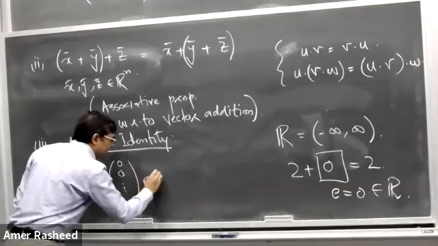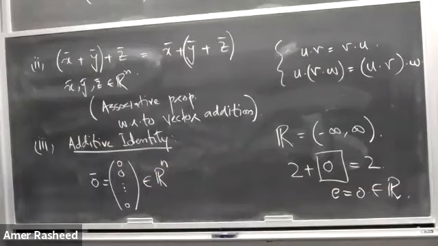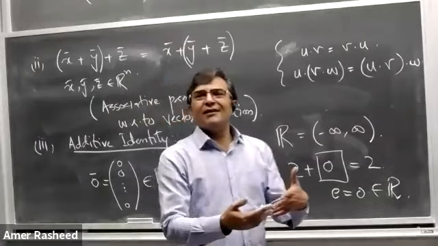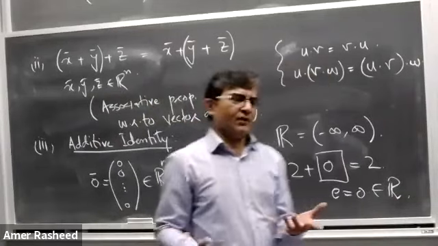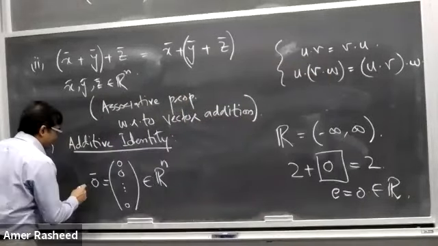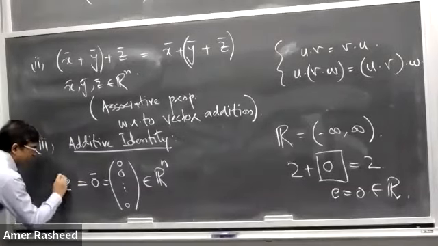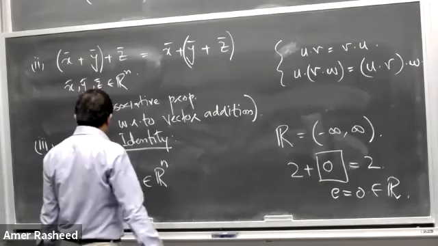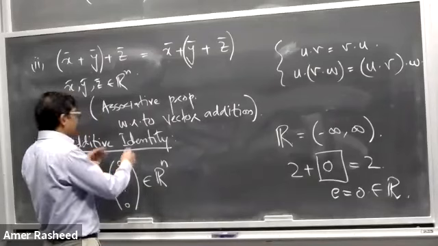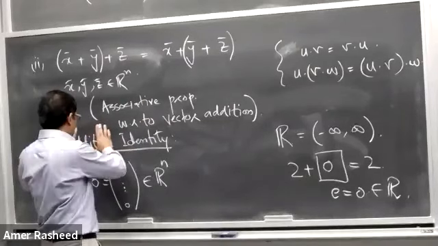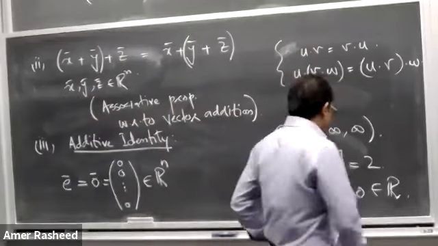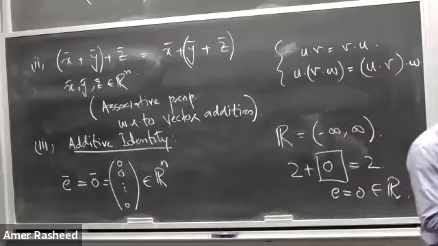This is the additive identity in Rn, because when we add this vector to any other vector, that vector won't change. We usually denote it by e bar. In the next lecture we will start with the additive identity again, and I'll explain these things a little more.